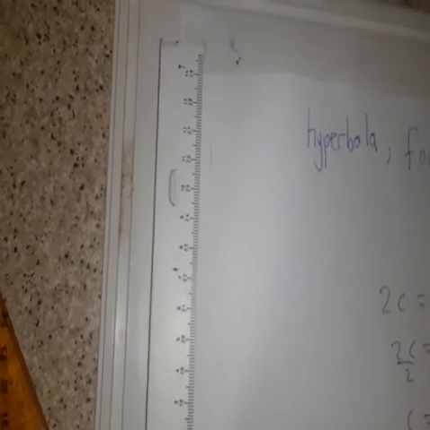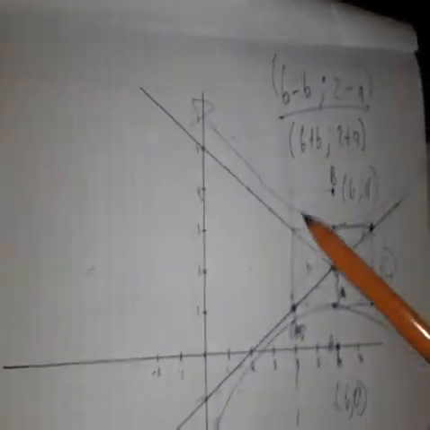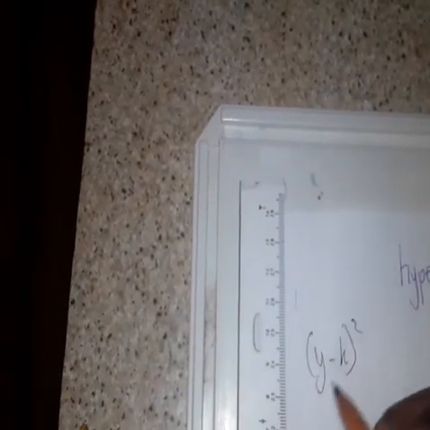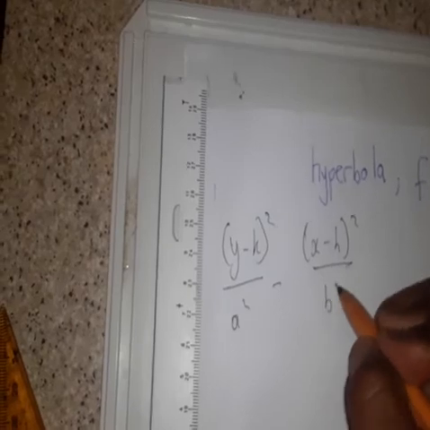So it's fine. So now what is the equation of the hyperbola? This is from the graph, this opens up along the y-axis, so the y term will start. It's going to be y minus k squared divided by a squared, minus x minus h squared divided by b squared, equals 1. The minus here, right?